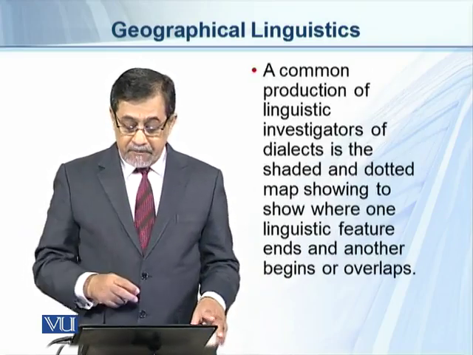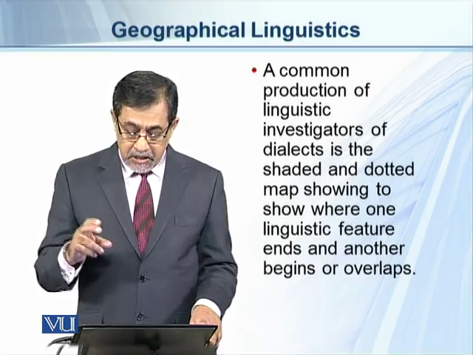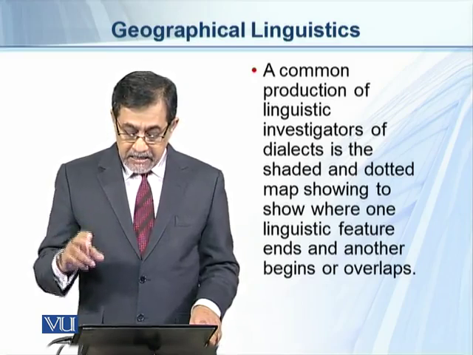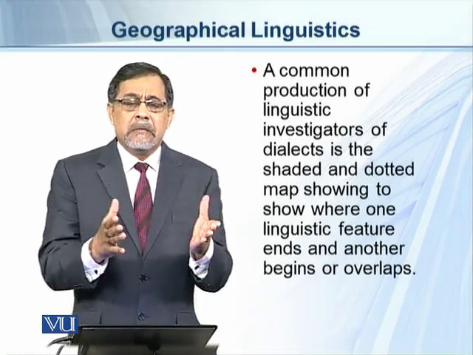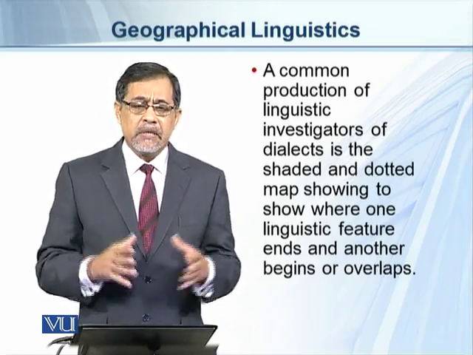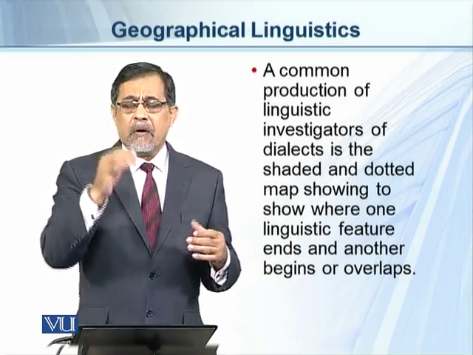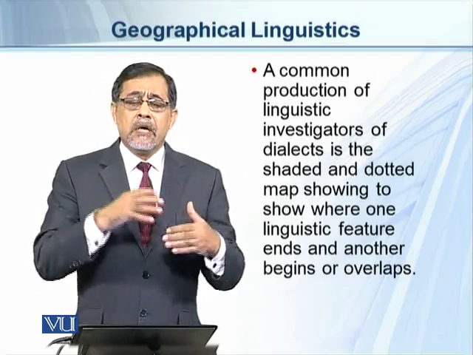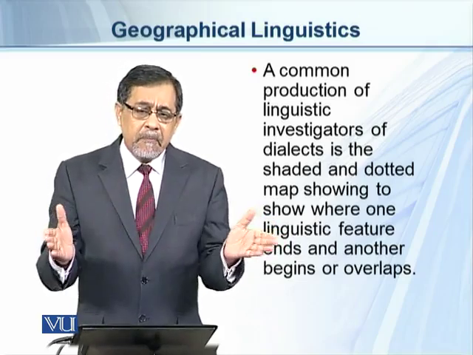A common production of linguistic investigators of the dialects is the shaded and dotted map to show where one linguistic feature ends and another begins or overlaps. So the linguist who studies the geography of languages keeps on making maps of how the languages, varieties or dialects are used in certain areas, and where they are different from each other and where they overlap.